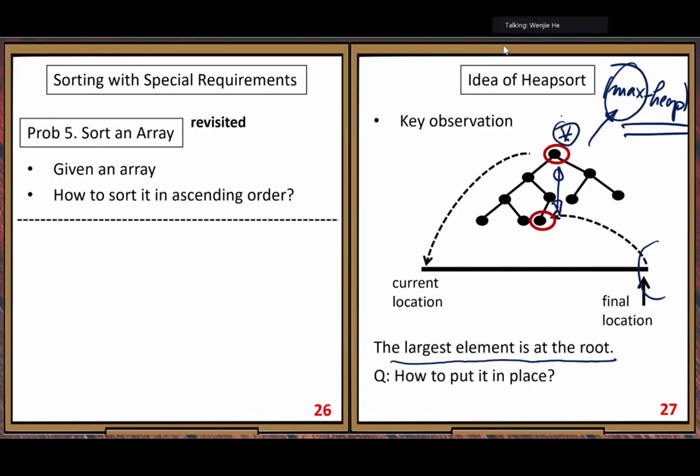Every time you reduce the heap size by 1. So keep doing this until you put all the elements in place. That's the heap sort.